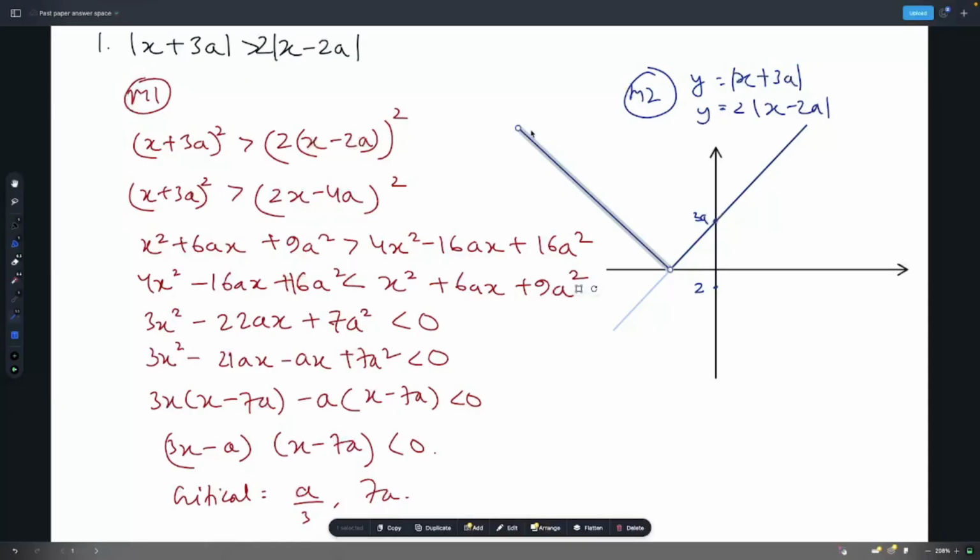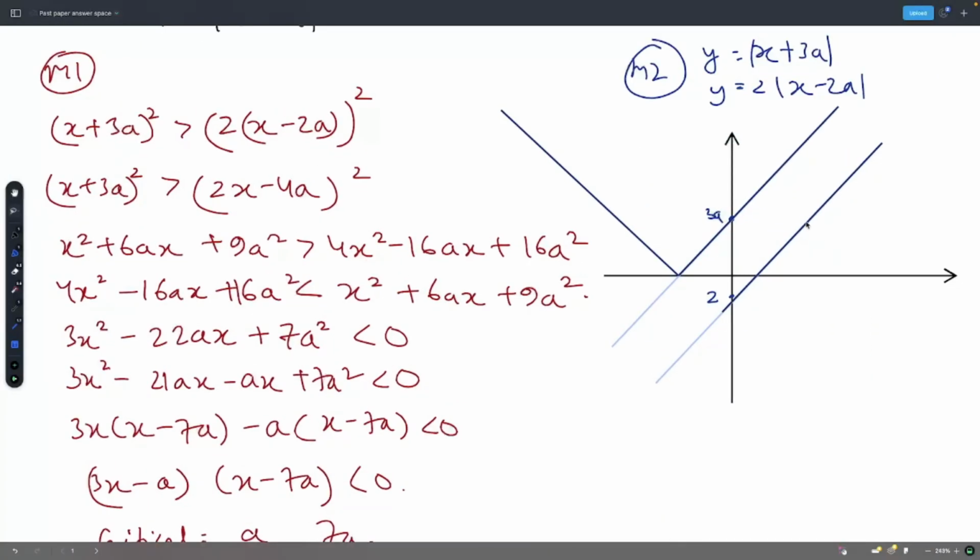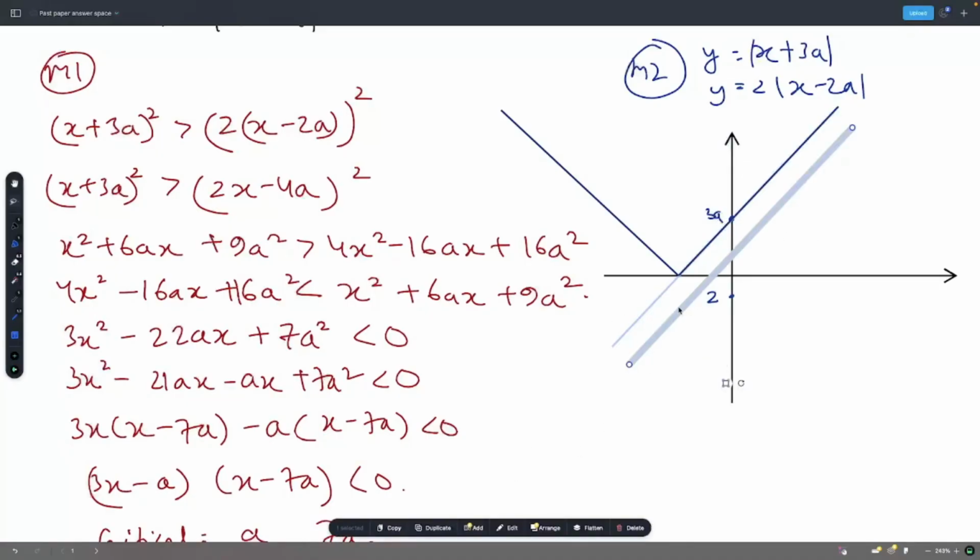And then I have x minus 2a, which means that my curve is going to have the exact same gradient as that, but it's going to go in this direction. So it's the exact same gradient as that, and then my second curve is going to go like this.